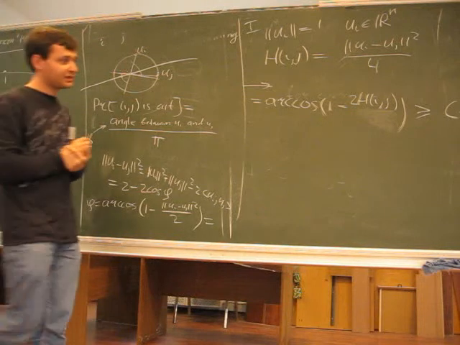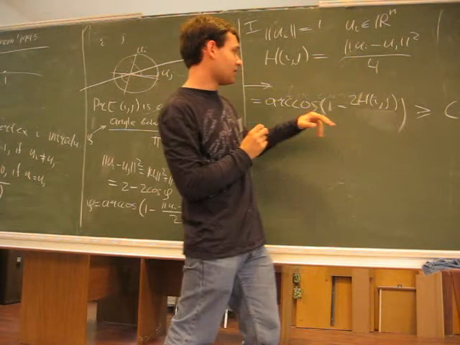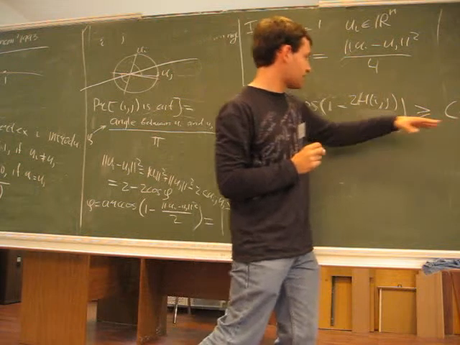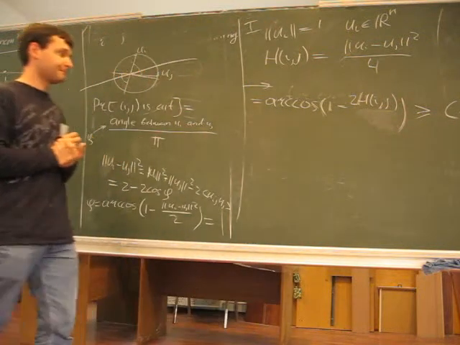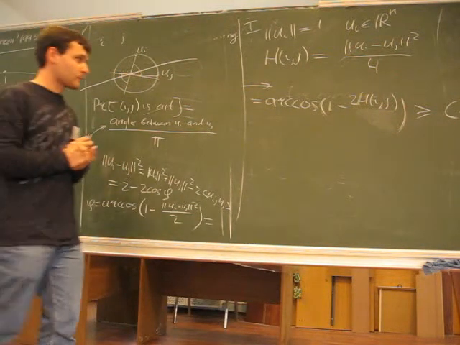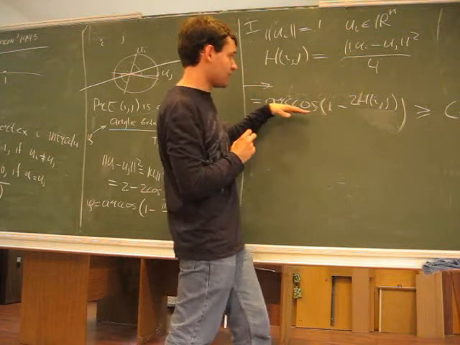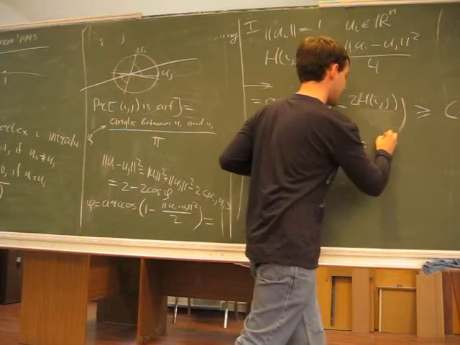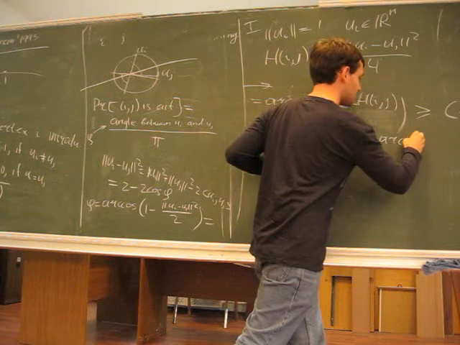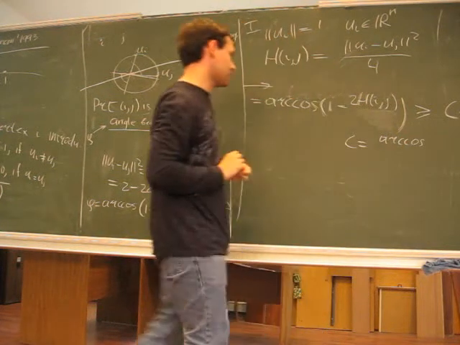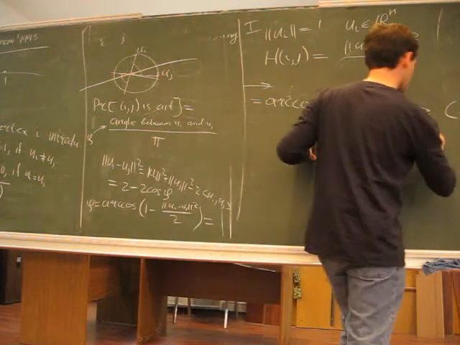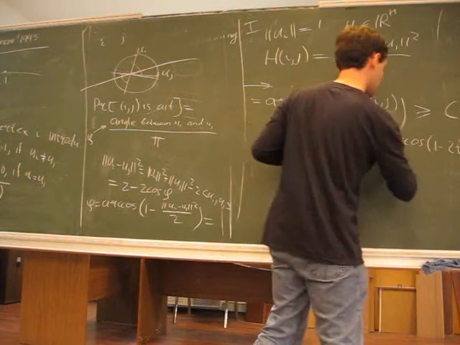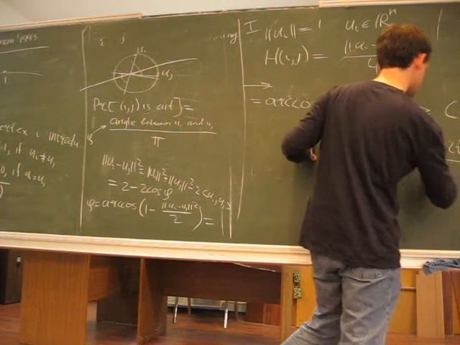So note that this constant is just equal to the minimum of this ratio. So we can define this constant as the minimum of the ratio between arc cosine of 1 minus 2t and t.